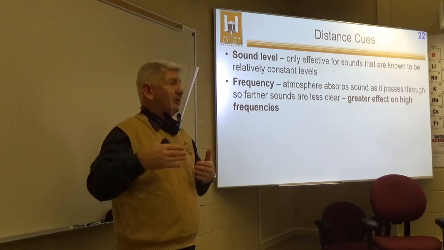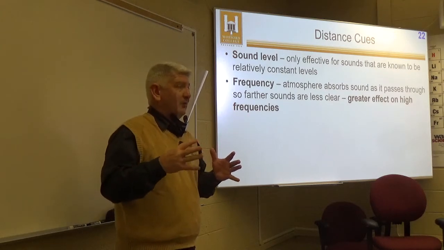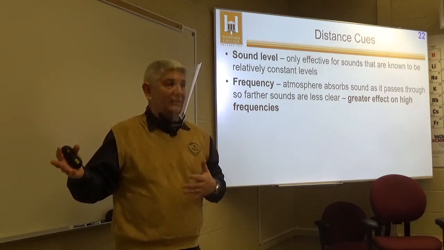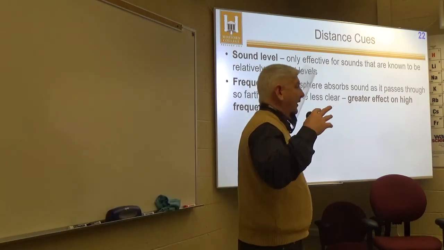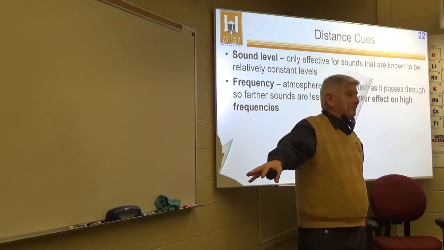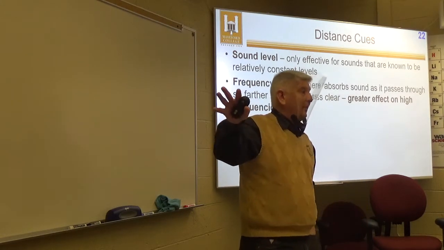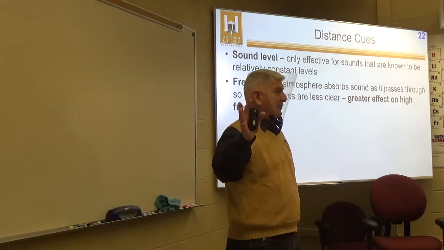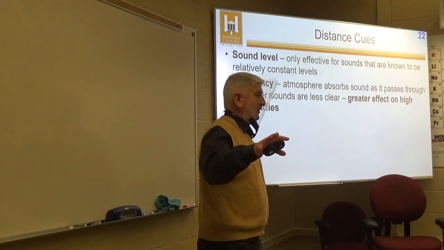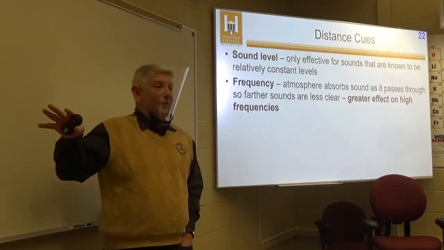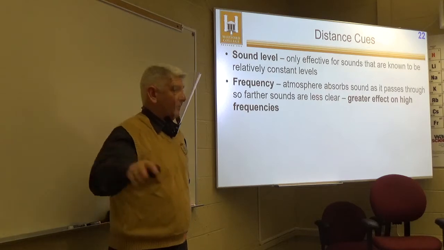And so sounds that are further away tend to have more low frequency sounds and less high frequency components to it, right? So if you hear the loudspeaker at the stadium, right, that's playing, and you're in your dorm room across campus, you tend to hear the low frequency sounds of that. It's harder to hear the higher frequency sounds. You hear all of the bass coming from that and not the high frequency.